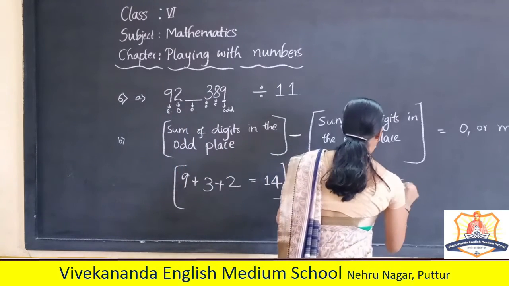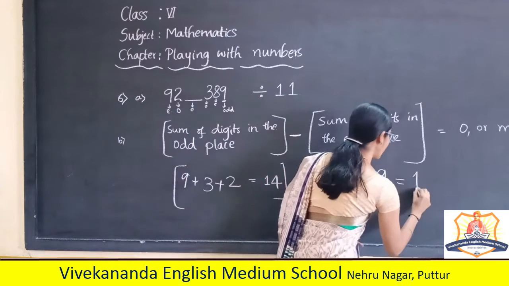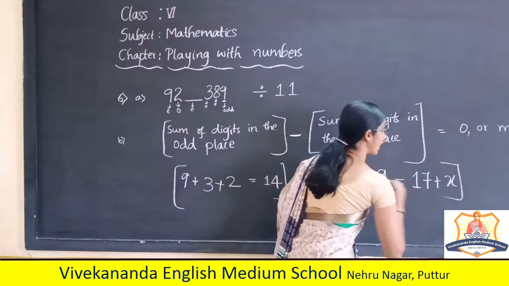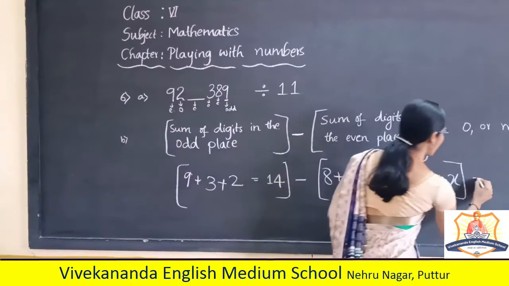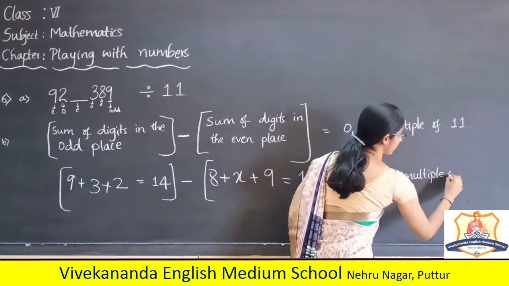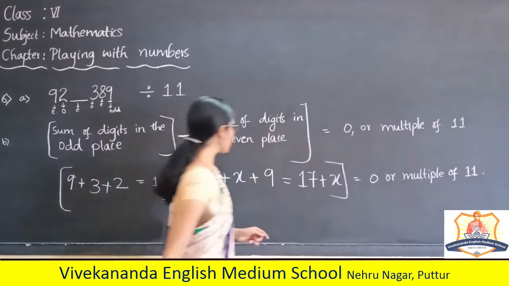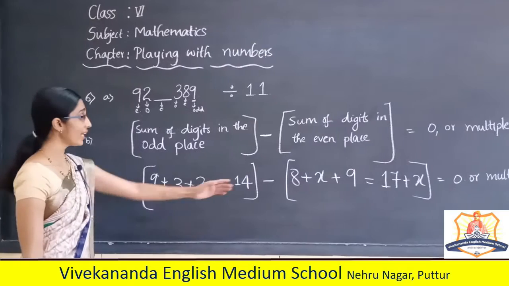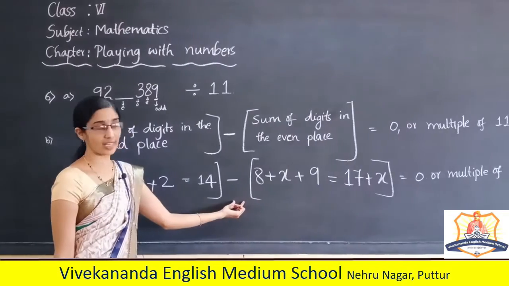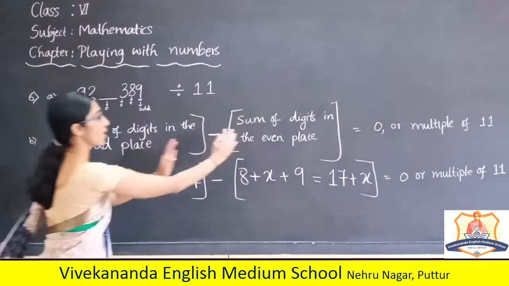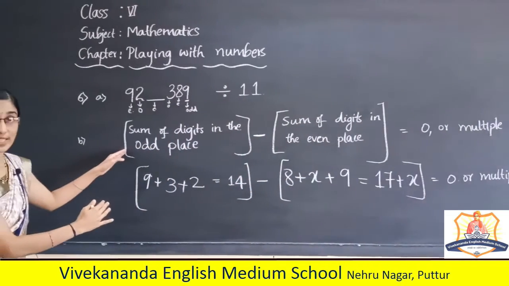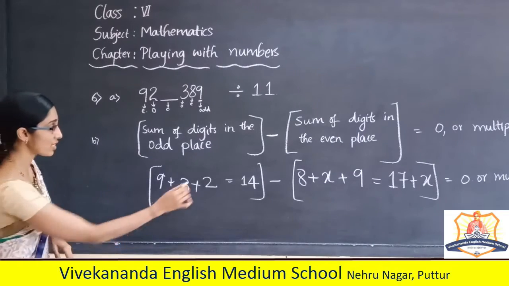And 9 is equal to 17 plus x. And their difference we need to get either 0 or a multiple of 11. Here, if I write as it is, I'll get a negative integer, right? So I can reverse it, the sum of digits in the even place minus the sum of digits in the odd place.